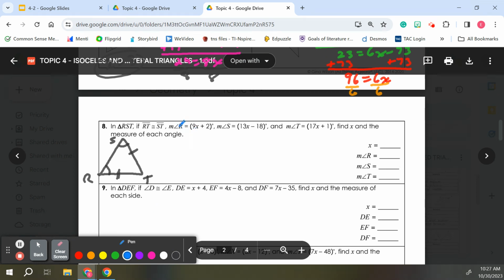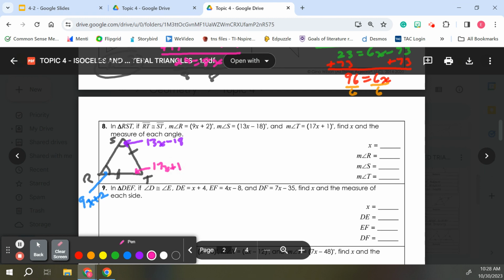They're saying the measure of angle R is 9x plus 2. So right here is 9x plus 2 degrees. The measure of angle S right here is going to be 13x minus 18. And the measure of angle T right here is going to be 17x plus 1.